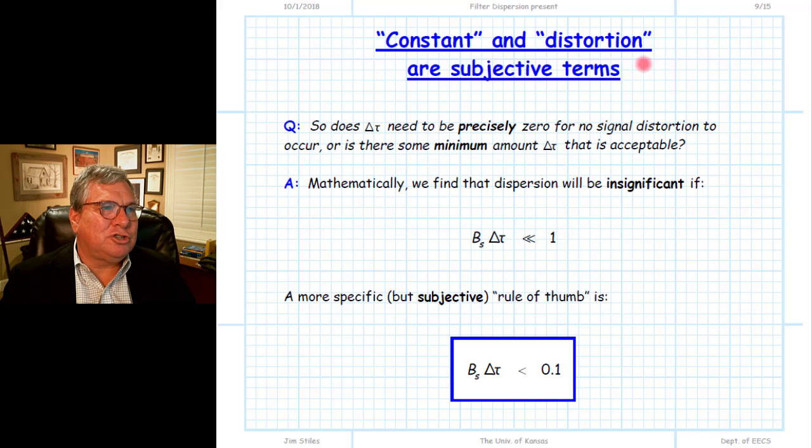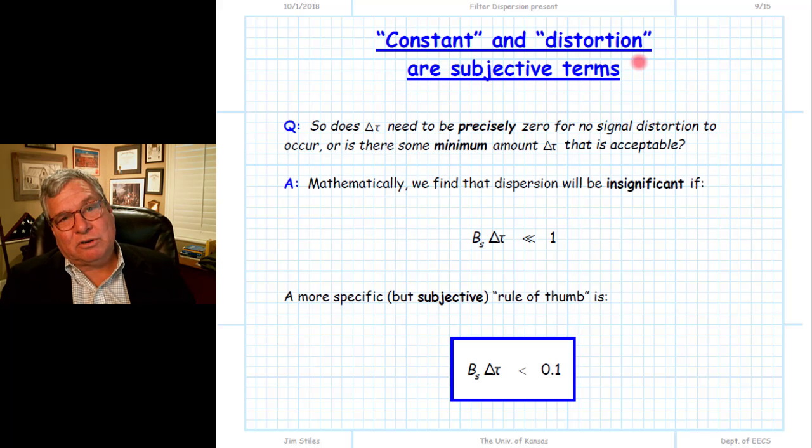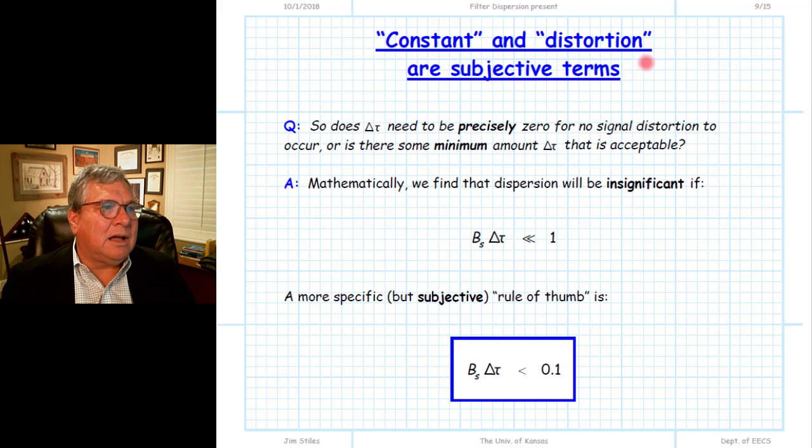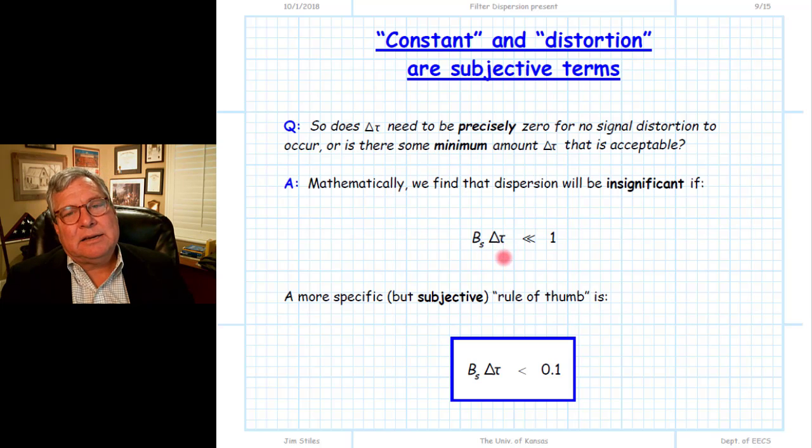How much dispersion actually results in distortion that is unacceptable? What we find is we can make a heuristic argument here that what we want is a situation where the signal bandwidth in hertz times the delta tau, which is the difference in delay between the highest delay in the spectrum and the lowest delay in the spectrum across the signal spectrum, that the product of those two things is much, much less than 1.